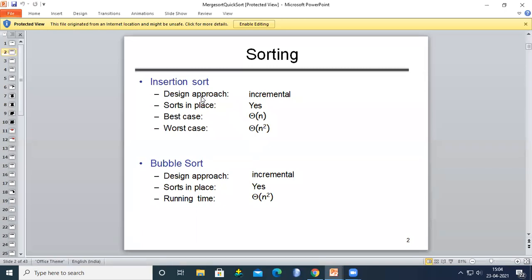Insertion sort: design approach incremental, sorts in place, yes. Best case theta of n, and the worst case is theta of n square.